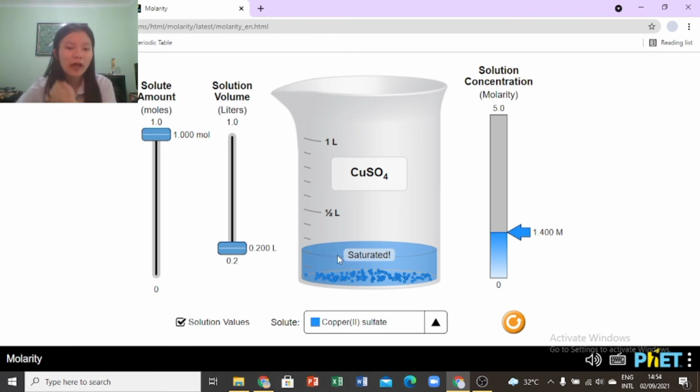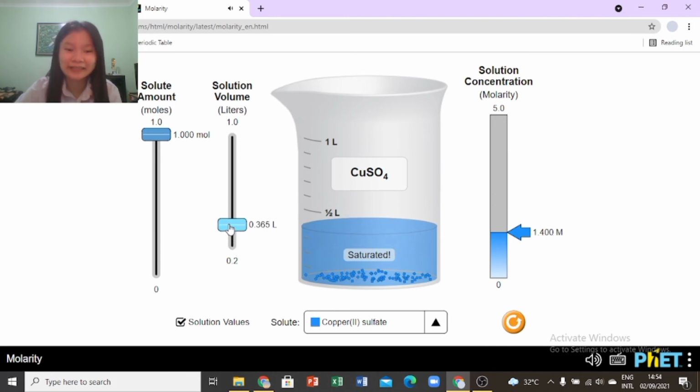Now what will happen if I increase the solution volume in liters? Let us see. When I increase the volume, we can see that the molarity hasn't changed, neither decreased nor increased. Different from the drink mix, where increasing the solution volume made the molarity decrease.